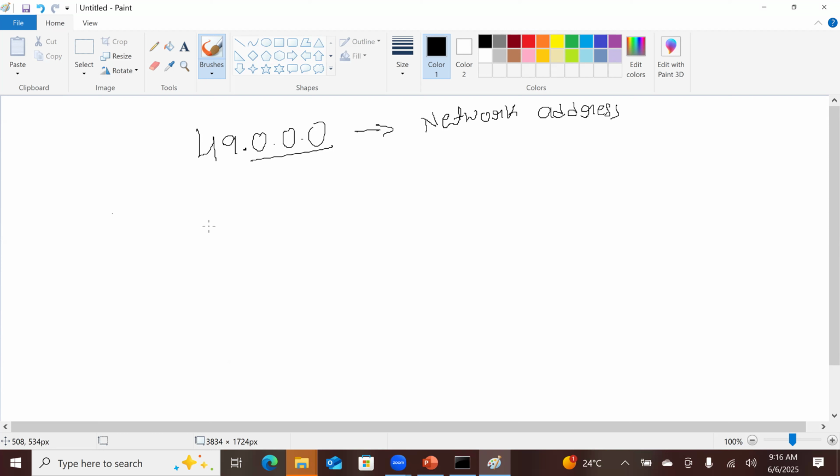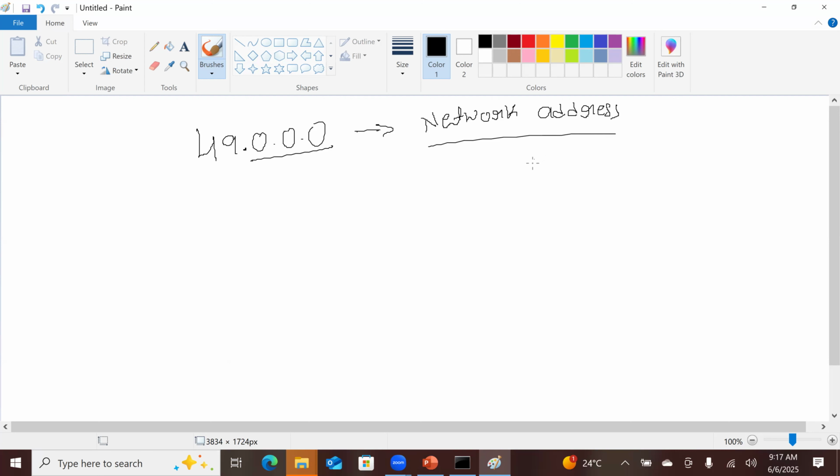If it is all ones, what? All zeros and all ones are talking about binary numbers. If you convert this into a binary number, we'll get 8 zeros here, and again 8 zeros, like this 24 bits will be 0. If all 24 bits are 0, that is a network address.